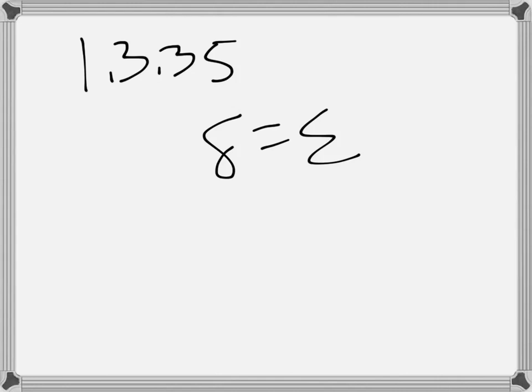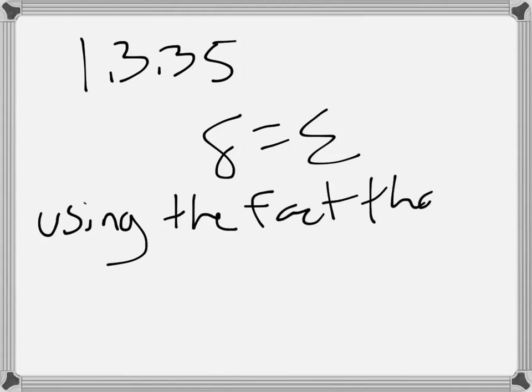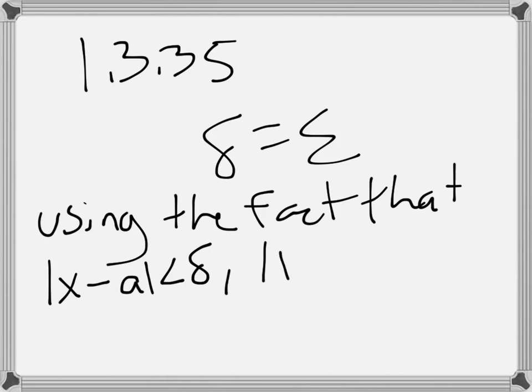And so what you're trying to show, your goal, is to always show that using your delta, using the fact that x minus a, whatever a is, is less than the delta that you chose, you want to show that f of x minus L in absolute value is less than epsilon. That's always your goal.